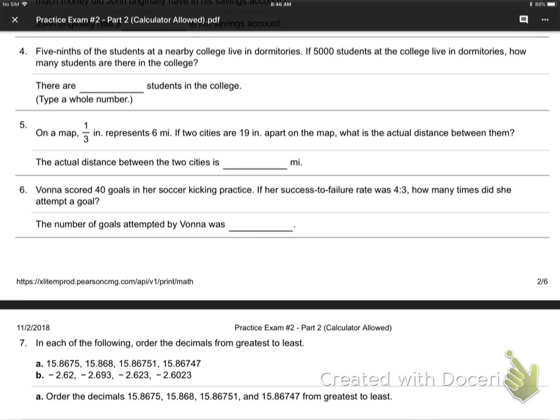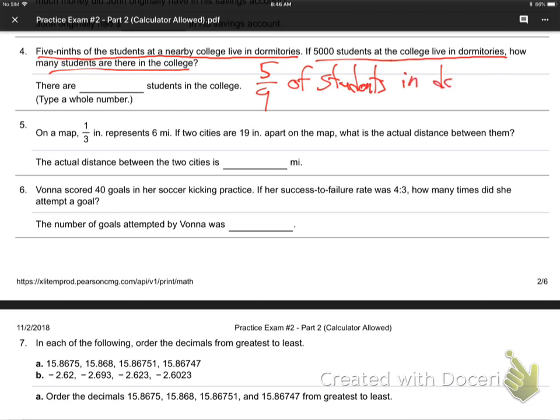Okay, so number 4 now. 5/9 of the students at the college live in the dormitories. 5,000 students live in dormitories. How many students are in the college? So 5/9 of the students in the dorm. 5/9 of is times the students, call that x, of is times in the dormitory.